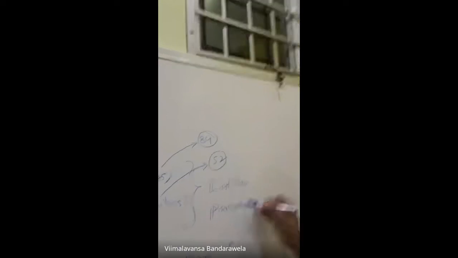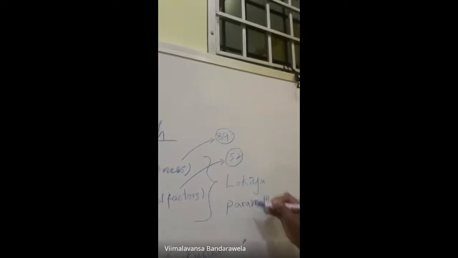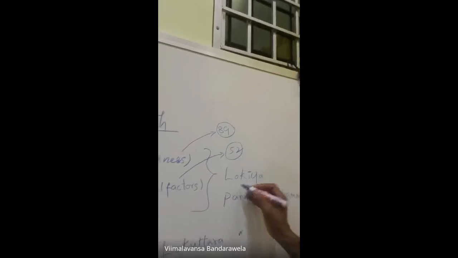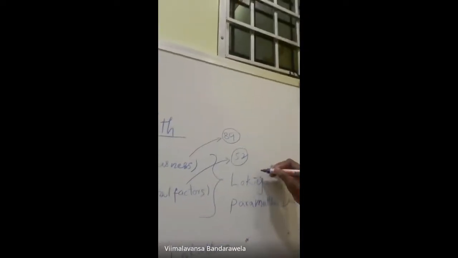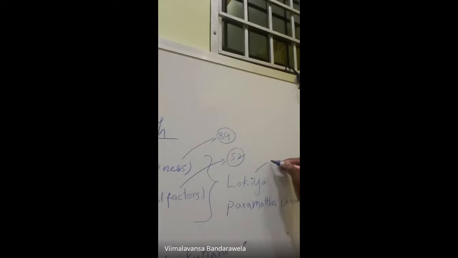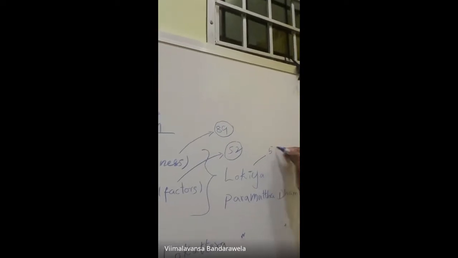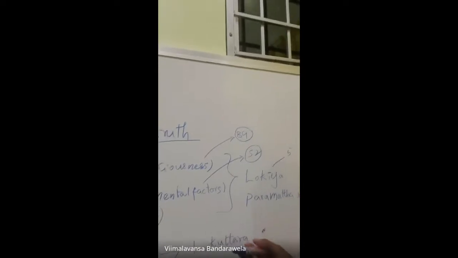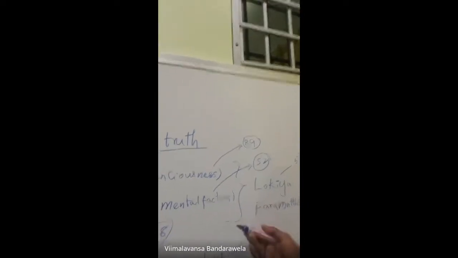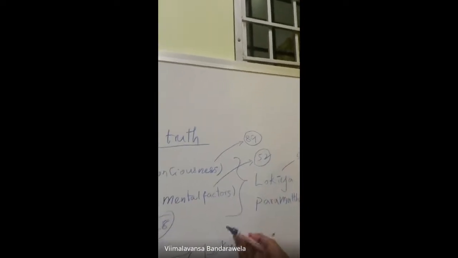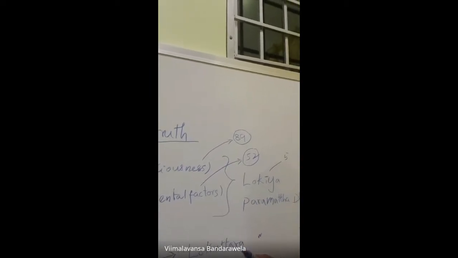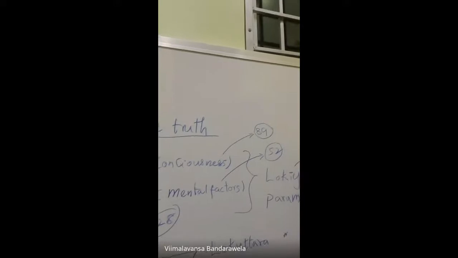You can understand this Lokiya, Lokuttara. Loka means your body, all the 5 aggregates. For example, sometimes you may know Rupa, Vedana, Sanya, Sankhara, Vinyana, the rupa aggregate, vedana aggregate, sanya aggregate, sankhara aggregate, vinyana aggregate.